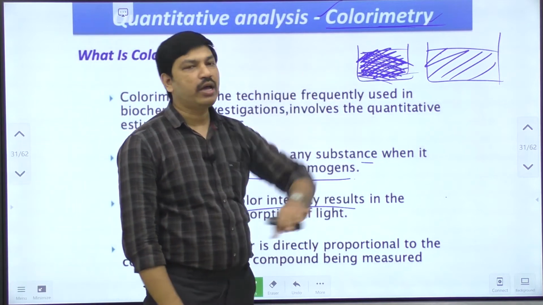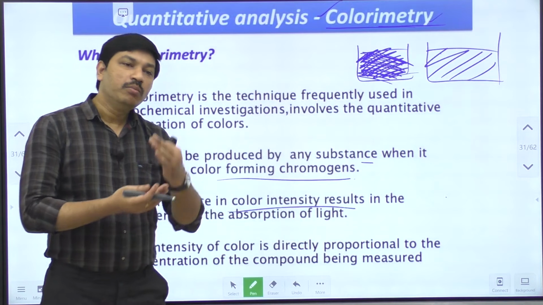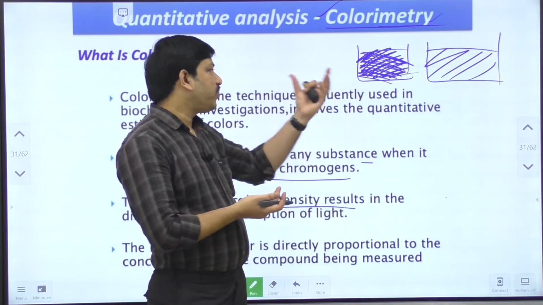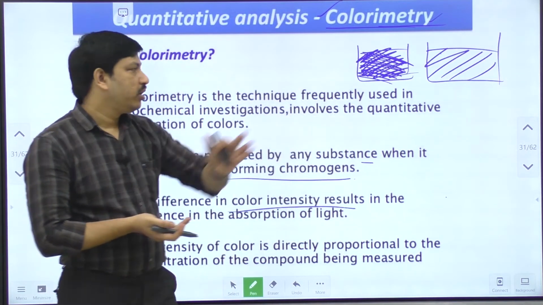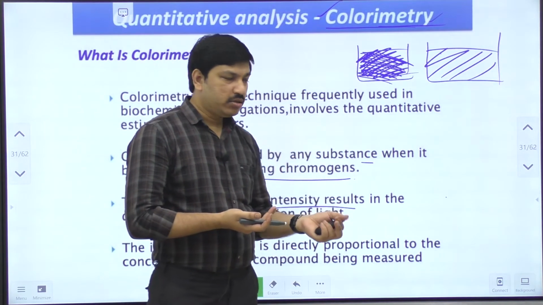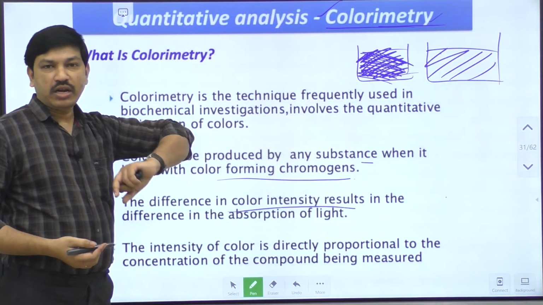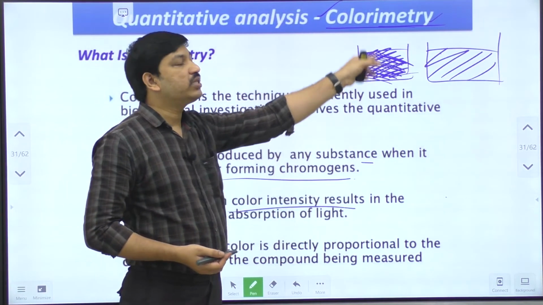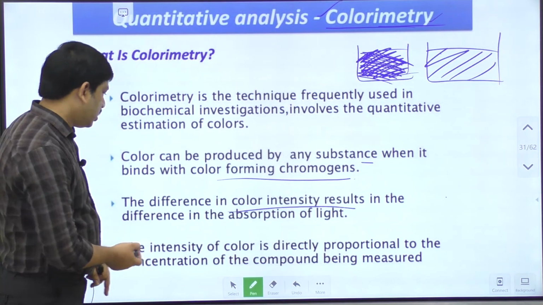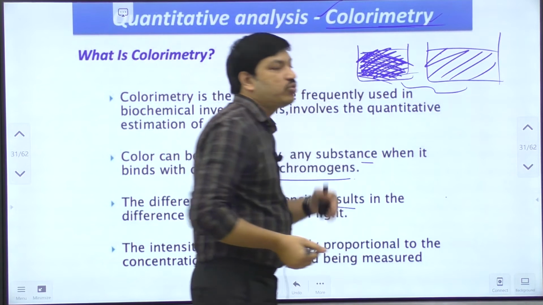Both are colored compounds, both are blue solutions, but their color intensity differs: the first is very dark blue and the second is pale blue. So that is color intensity. The difference in color intensity indicates the difference in concentration of the solution. That difference is reflected in the form of absorption values.